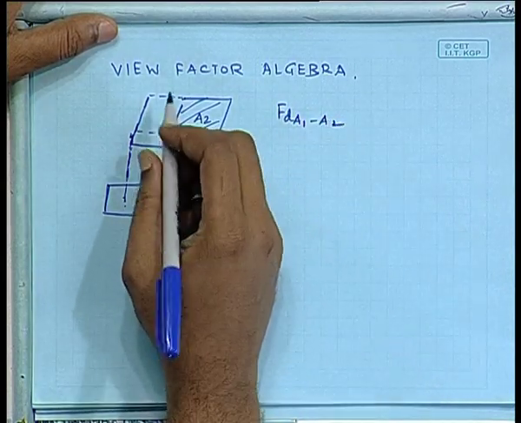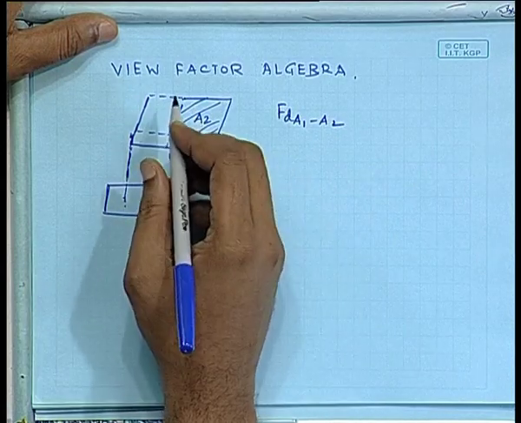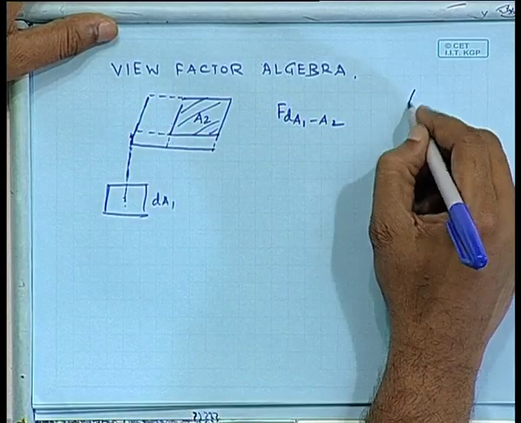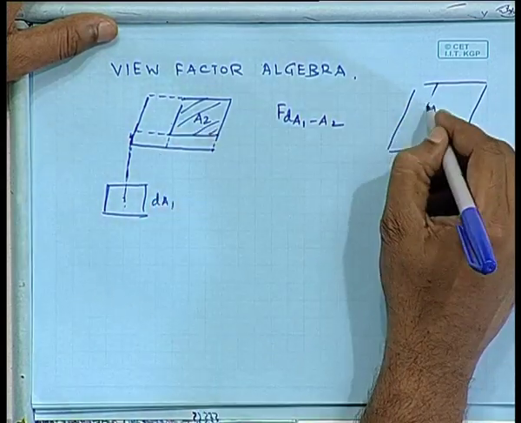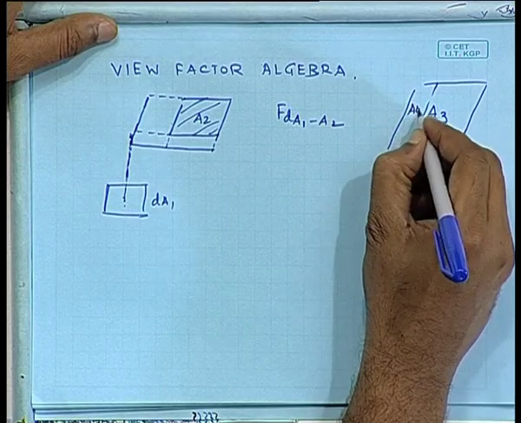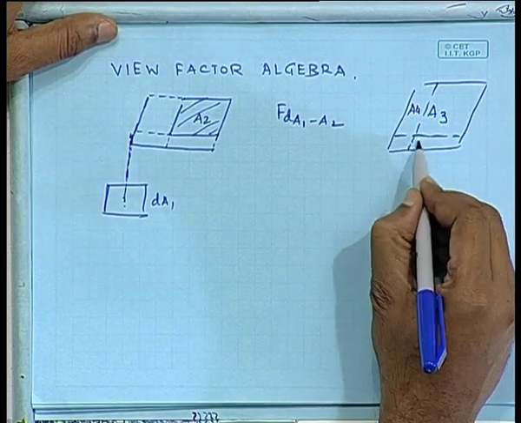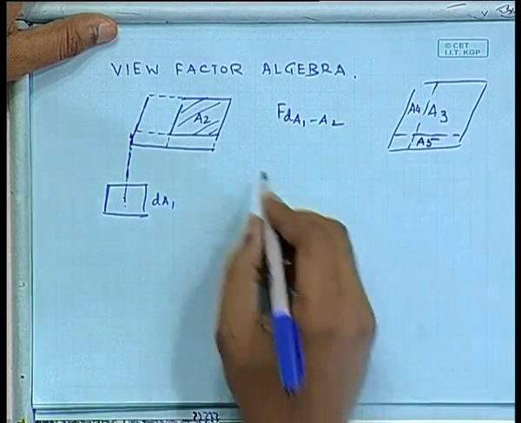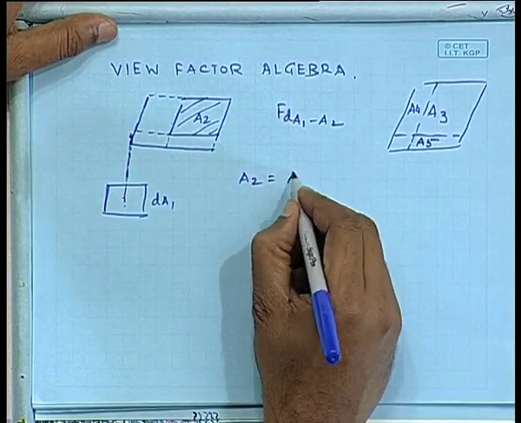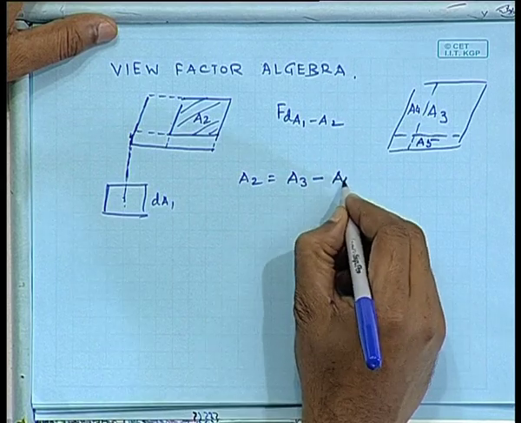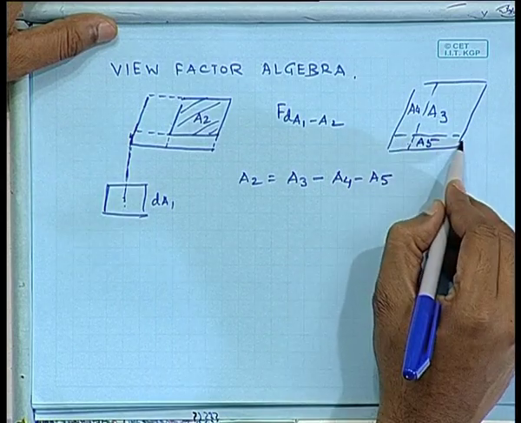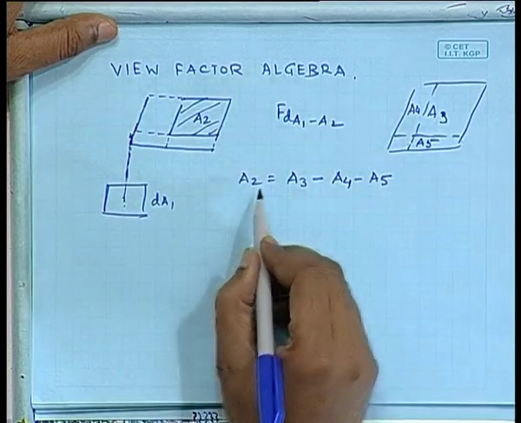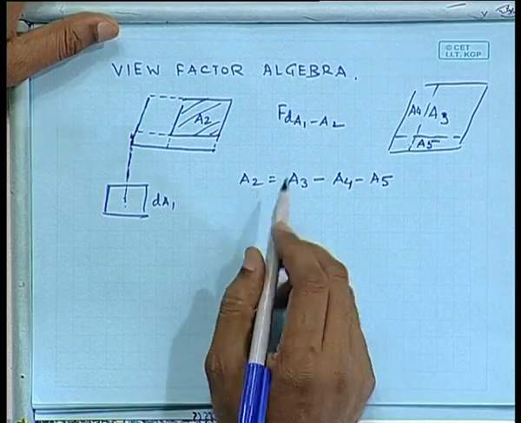Let us say this is A2 and the whole surface is A3, this part is A4 and this part is A5. So, what I can say is that A2 would be equal to the total area minus A4, which is this area, minus A5, which is this area. Are you with me or not? Should I repeat it? Okay.